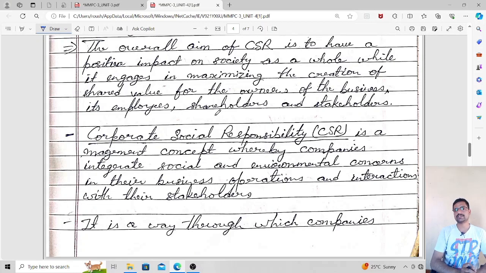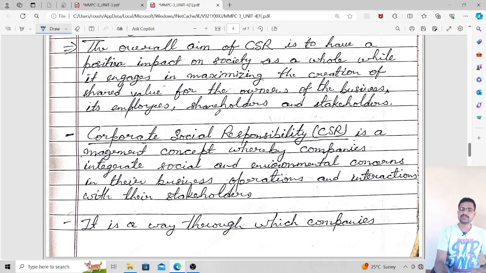In their day-to-day business operations, they try to think about the impact of their business operations on the society and the environment. And when they consider that, they change or adjust their business operations, so that the negative impact can be minimized and the positive impact can be increased on the society.